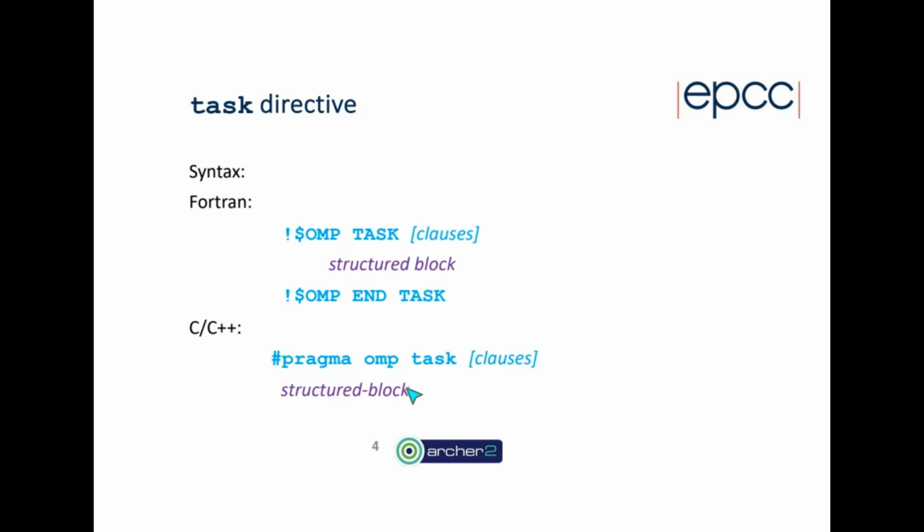That's legal, but I generally recommend that you don't do that. I think it's good programming style, even if the structured block only contains one statement, to always include the curly braces so that it's very clear where the task ends. That's the same as other constructs in OpenMP, like parallel regions.